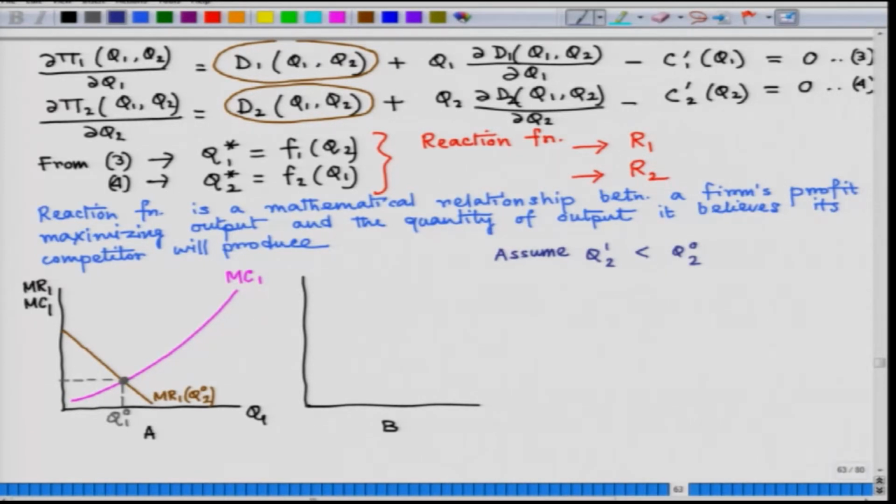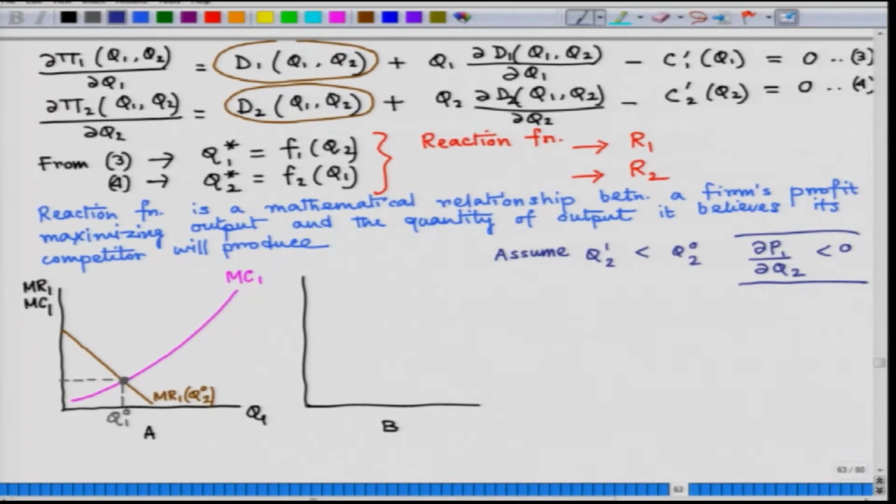Now we have to look at the result that we first talked about. Remember, we started with some results A and B. If you go back to result A, then that means this: if firm 2, my competitor, increases its output level, then that has a negative impact on my price.